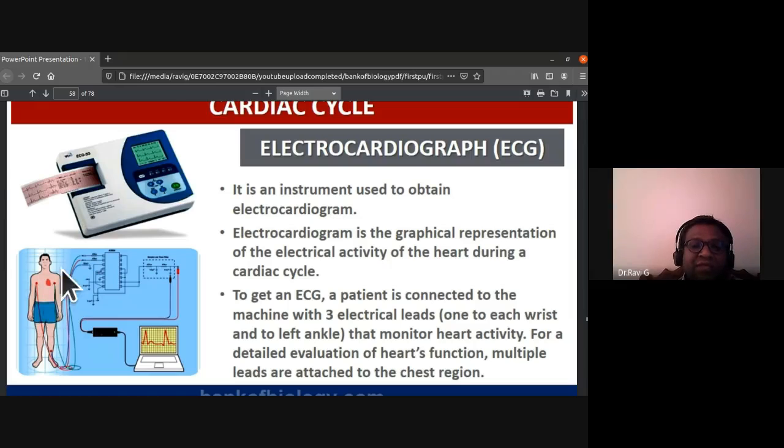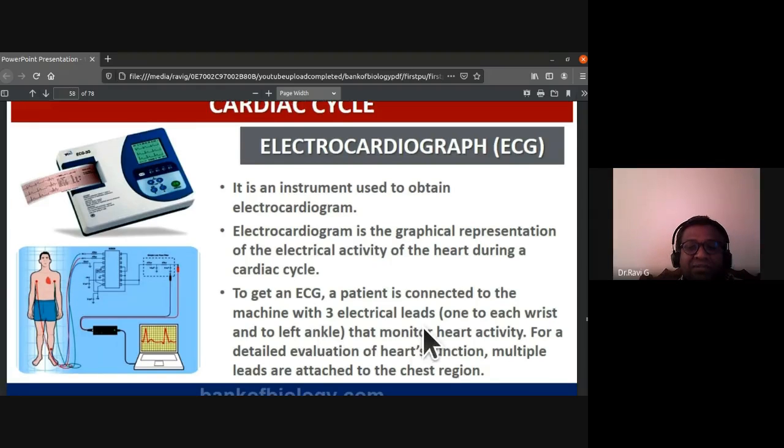For a detailed evaluation of the heart's function, multiple leads are attached to the chest region for detailed analysis.